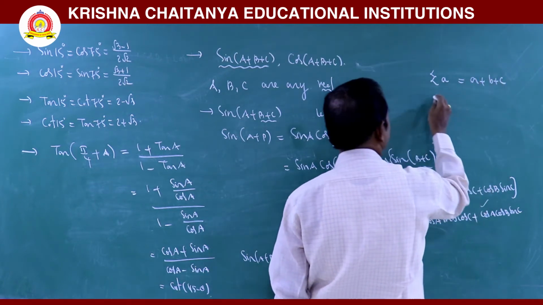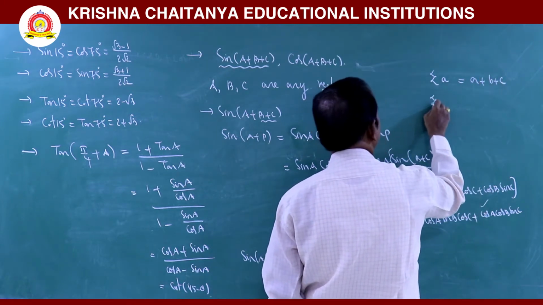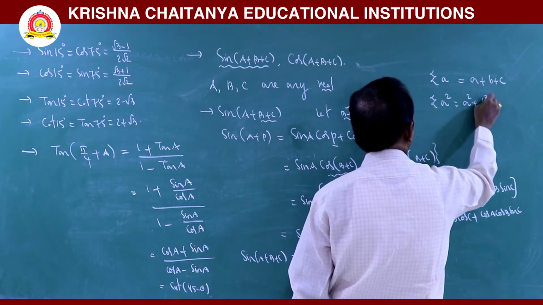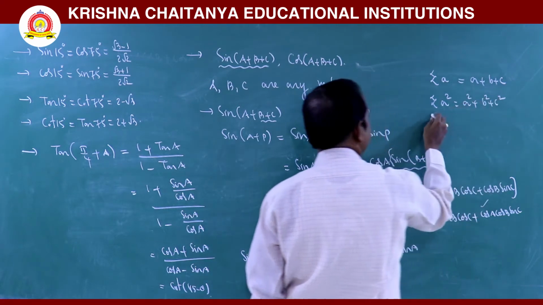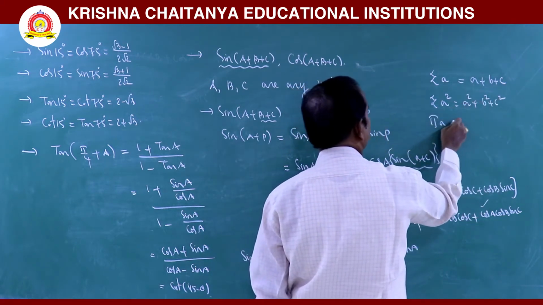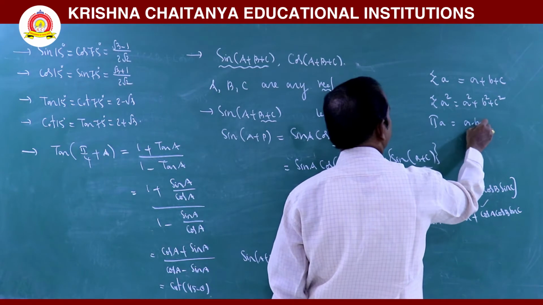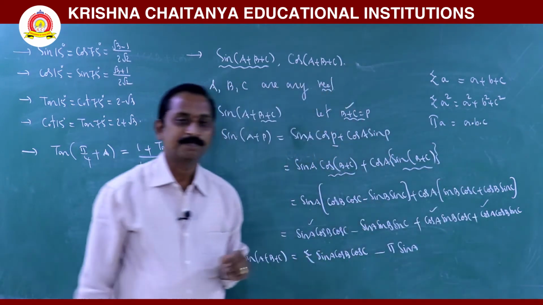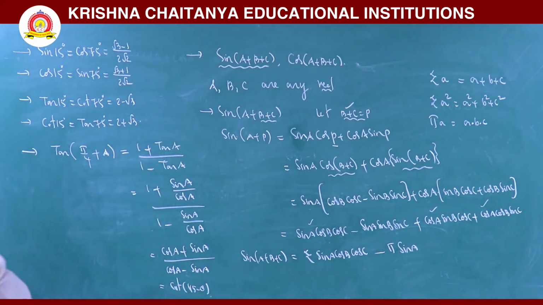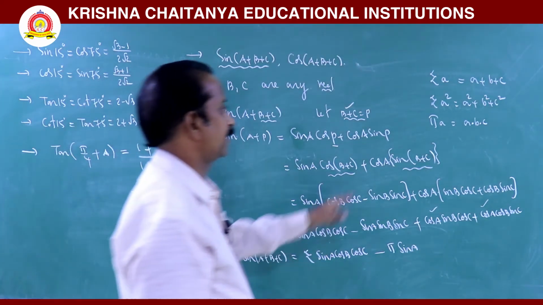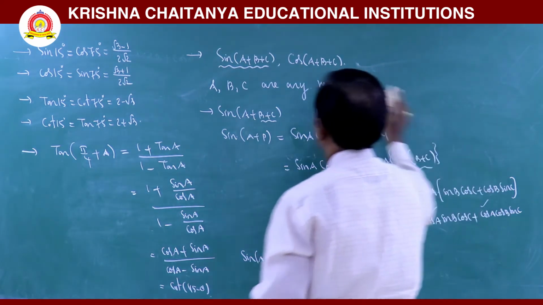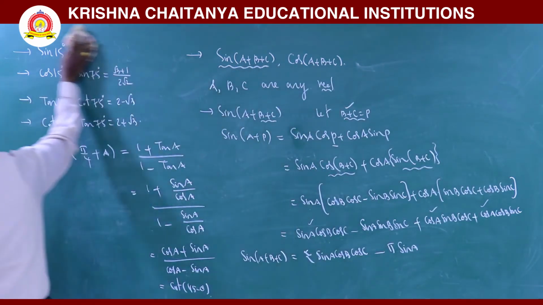Similarly, sigma a square means a square plus b square plus c square. But pi of a expands as a into b into c. This is the difference between sigma and pi: sigma indicates summation, pi indicates multiplication. So sin of (A plus B plus C) is over.